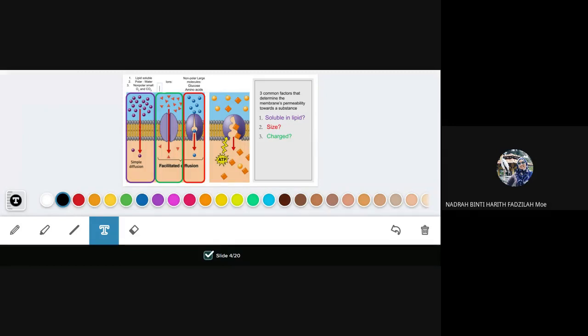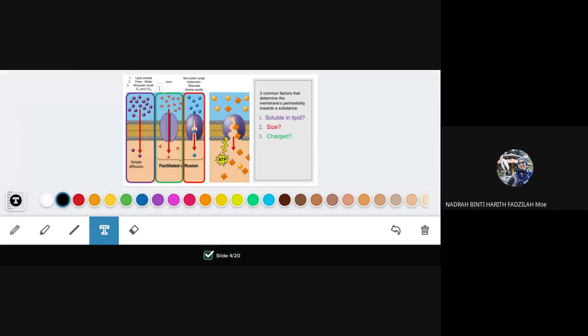Bagus. Okay, let's take a look at your answers. Okay, what are examples of ions? Okay, bagus. Okay, bagus Nisa. Nisa dah tulis itu K plus dengan Na plus. Tak semestinya yang positively charged, yang negatively charged pun betul juga kan?